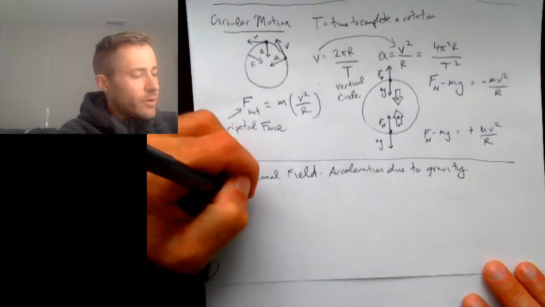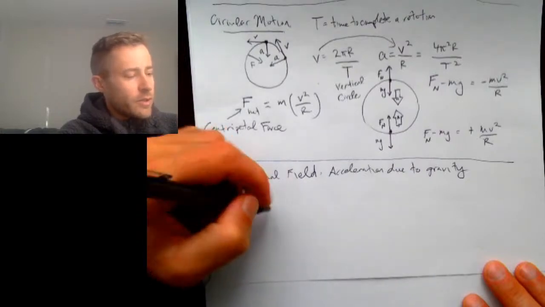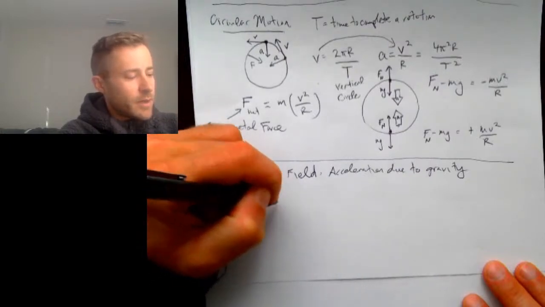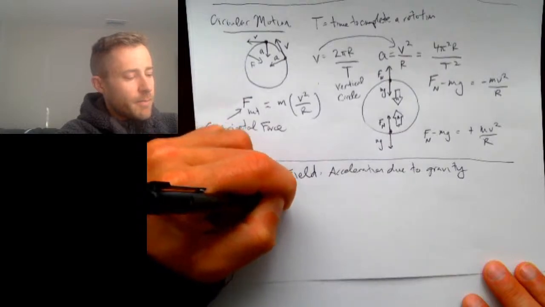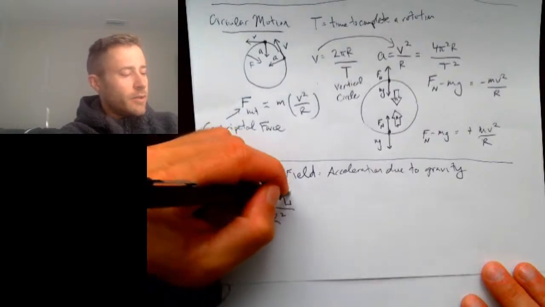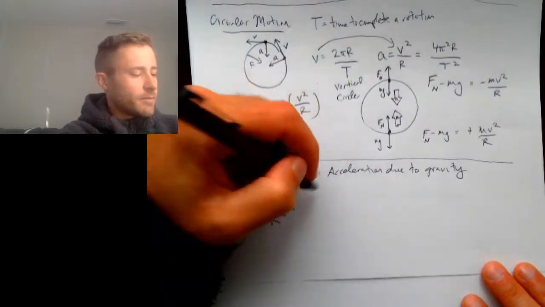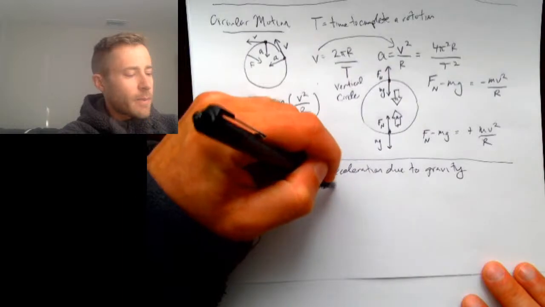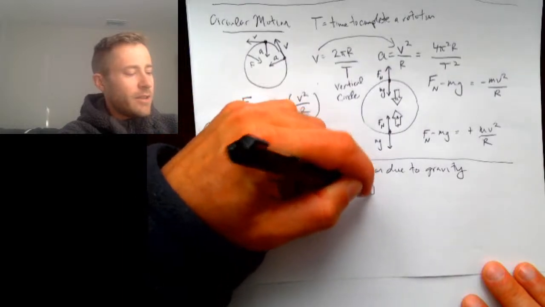And the value of the gravitational field is big G, big M over r squared, where M is the mass of the thing making the field.